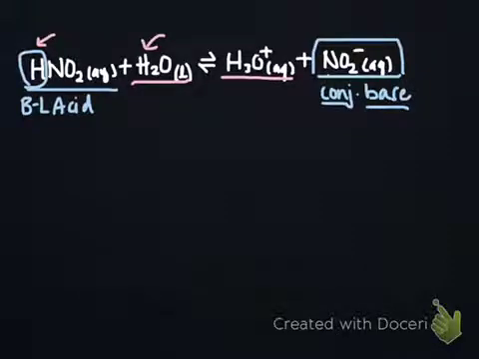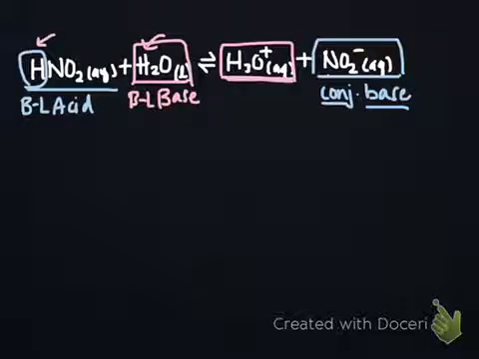Because water is accepting a proton, or an H+ ion, I call this a Bronsted-Lowry base. And the product of my base, this hydronium H3O+, is what forms when my base picks up the hydrogen. So I call this my conjugate acid. The product of a base is a conjugate acid.